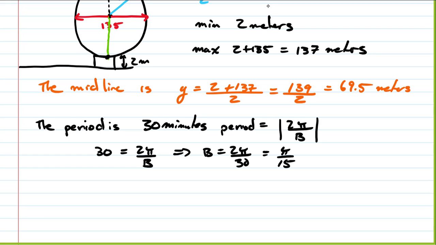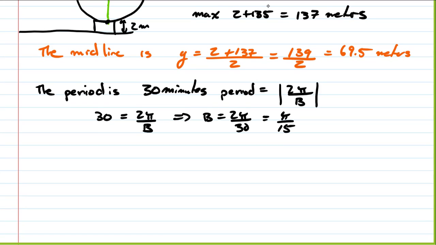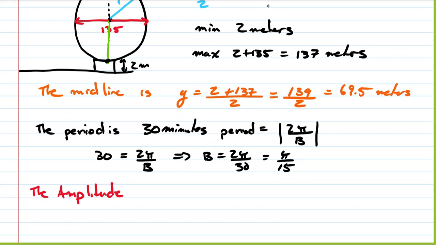So then the amplitude of our wave is going to be the distance from the midline to the max or the min, which is also going to be the same as the radius of this. So the amplitude is going to be the distance from our midline, which is 69.5, to our min.